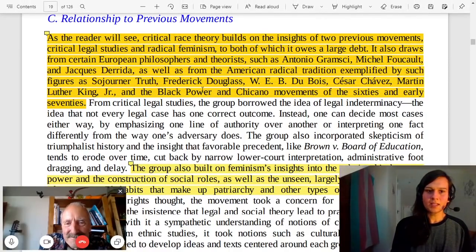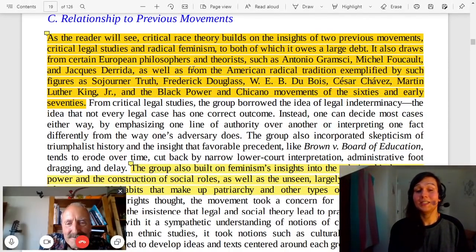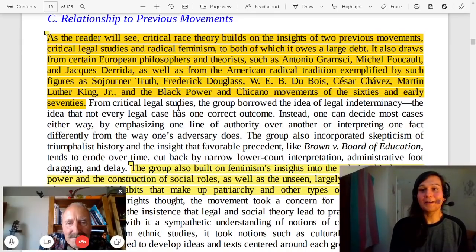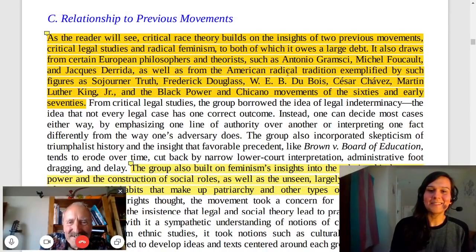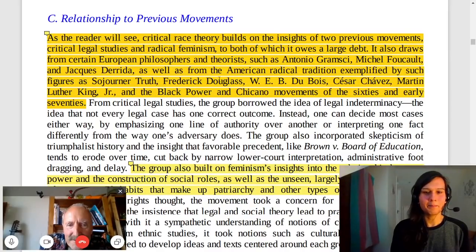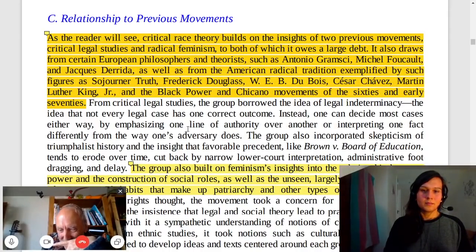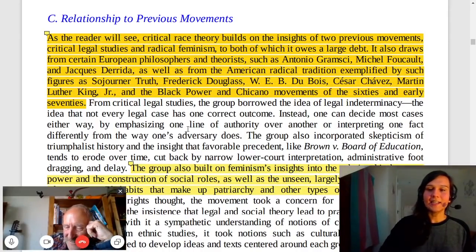Yeah. But anyway, it says here it also draws from certain European philosophers such as Antonio Gramsci, Michel Foucault, and Jacques Derrida. They're sounding like me, which is a bad thing. They need to explain in precise terms what they mean. Because I've not even read some of these. I've not read any of these writers. I've read a couple of things by Martin Luther King Jr. and I think one or two things by the Black Panthers. Yeah, exactly.